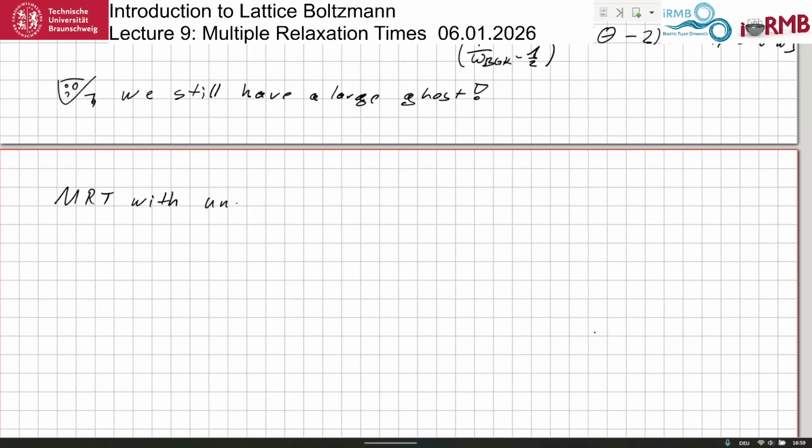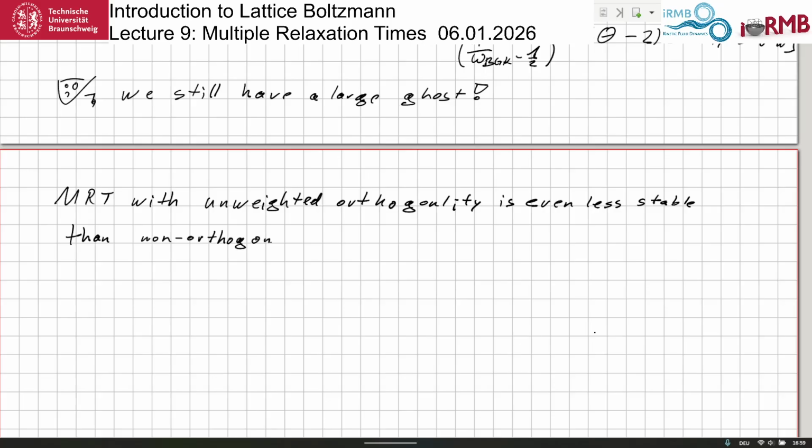So the MRT with the unweighted orthogonality is even less stable. Actually, the non-orthogonal, as I said, has no problems with stability, even though it has a large ghost. It just overdamps.